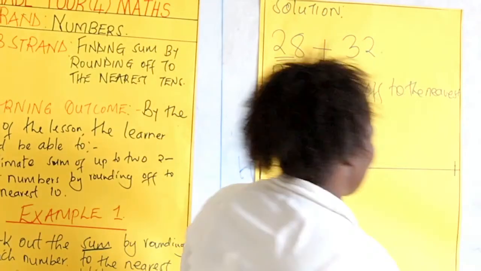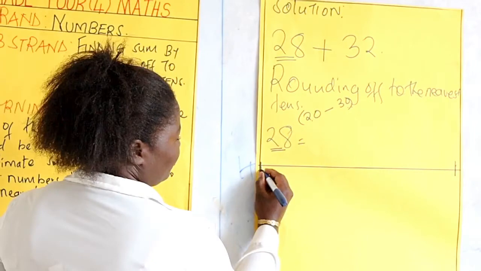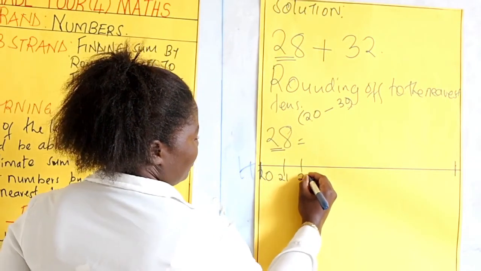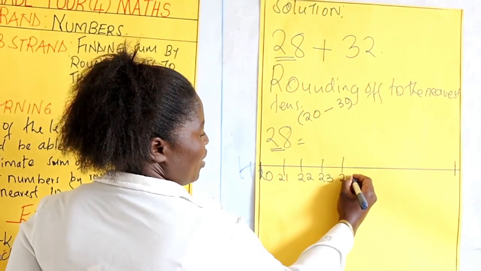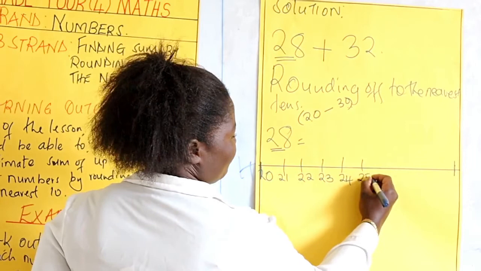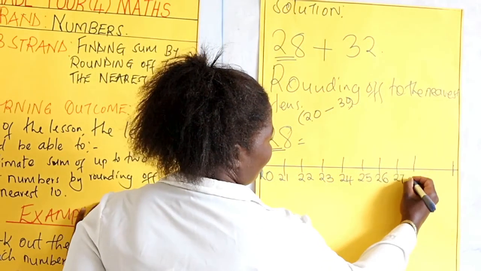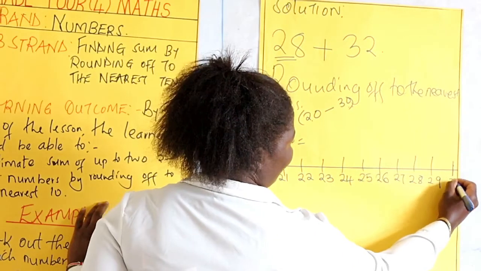So can we count together? 20, 21, 22, 23, 24, 25, 26, 27, 28, 29, and lastly 30.